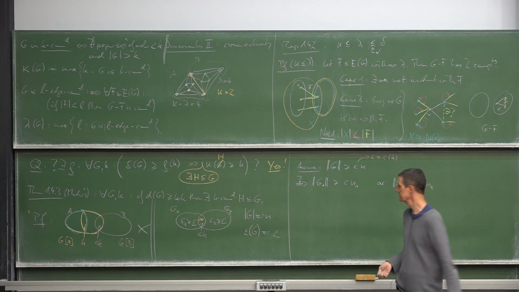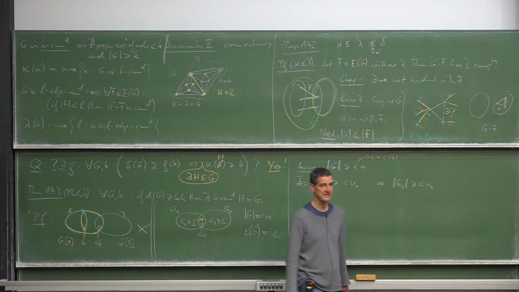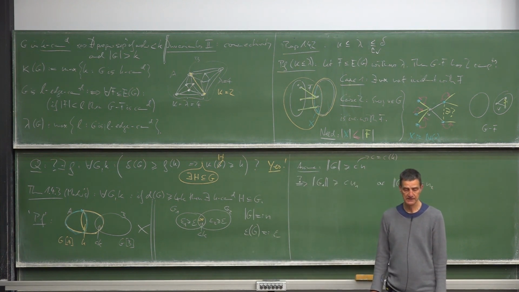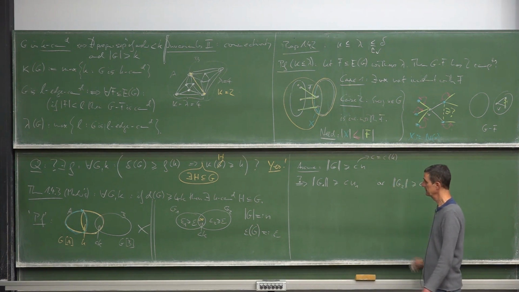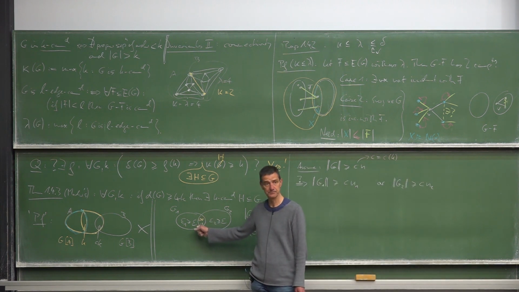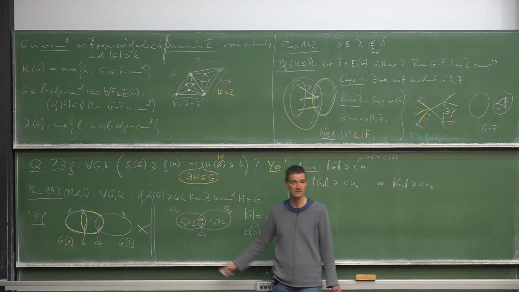N1 and N2 are the number of vertices of the left and the right-hand side, respectively. Right, so that would be nice if we could prove that, and we might choose this separation in a way that suits us. We haven't used that yet. At this time, we're saying pick any proper separation of order less than k.